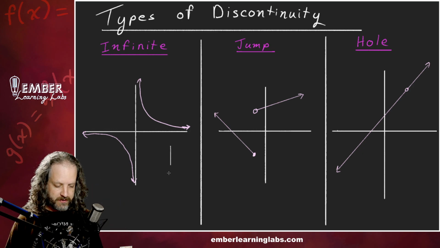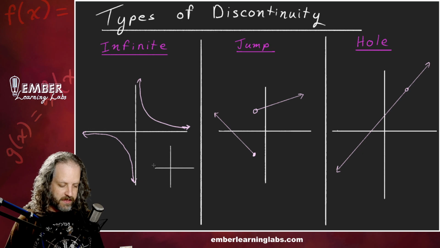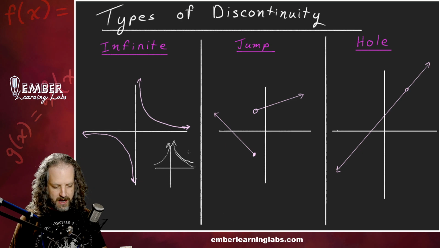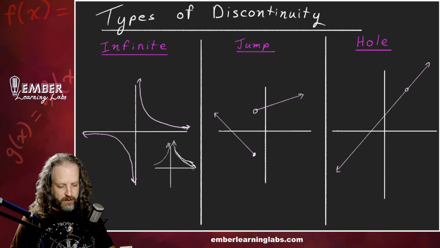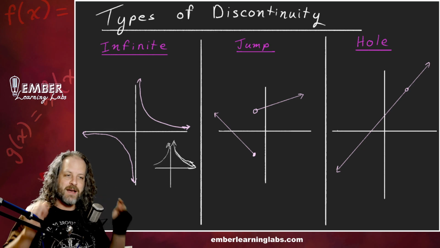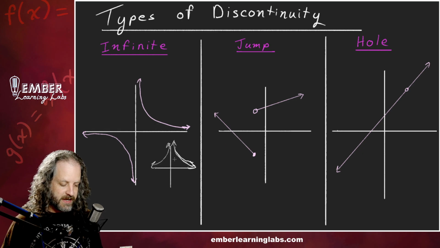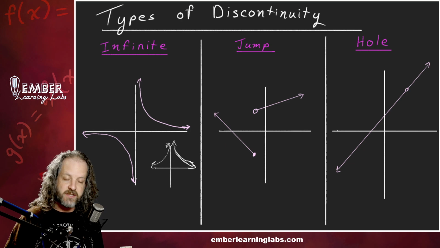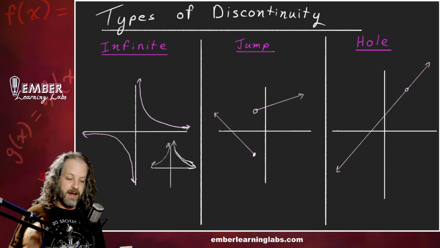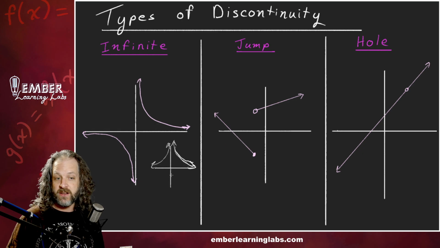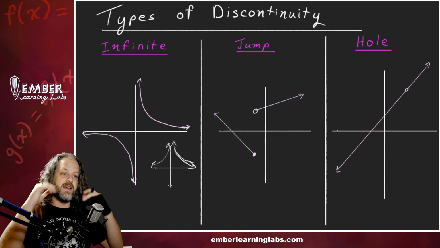You could also have something that looked like this, right? That would also be infinite discontinuity. So they don't have to be going in opposite directions. I'm doing a terrible job of quickly sketching that little example, but you see what I mean. This would also be discontinuous at this point here, but it would be infinite discontinuity because it's stretching to infinity.